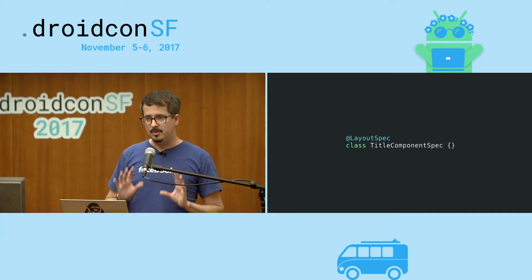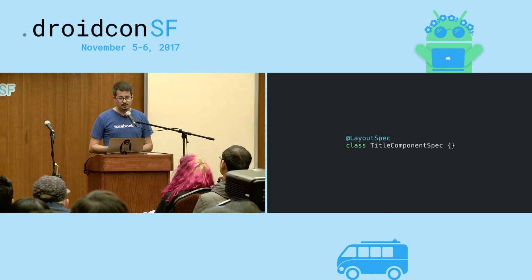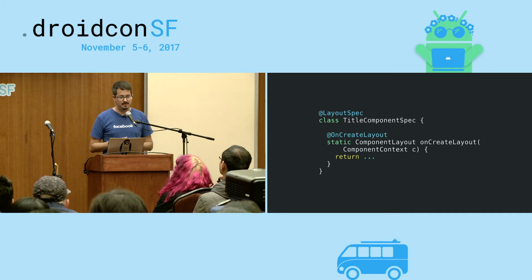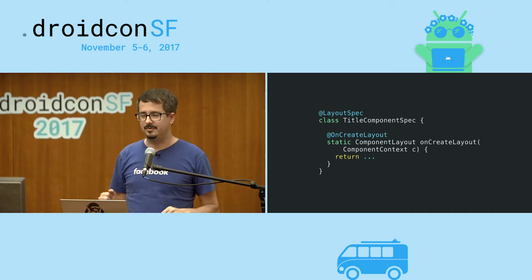I'm going to talk about the most common type of component, that's what you're going to be writing 90% of the time. So you create a class and you annotate it with LayoutSpec. That's the top level structure of your component. And then you're going to implement a function called onCreateLayout. And that is the function that I mentioned before, creating the UI from scratch.